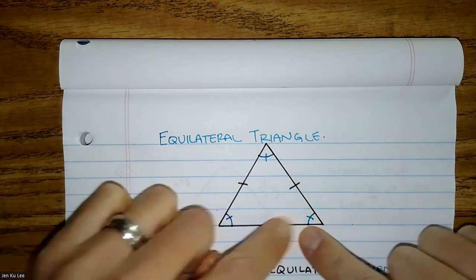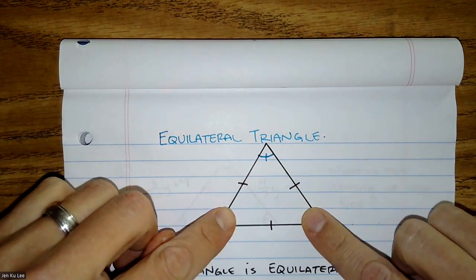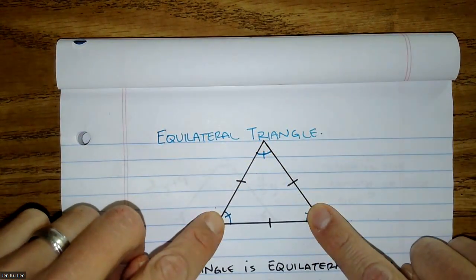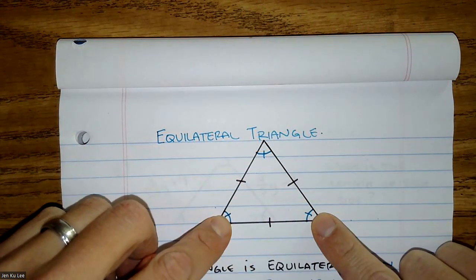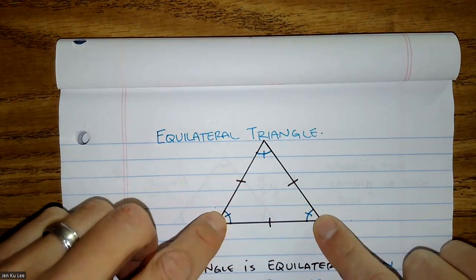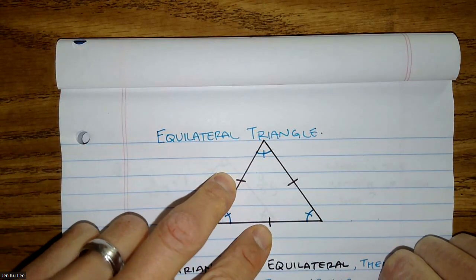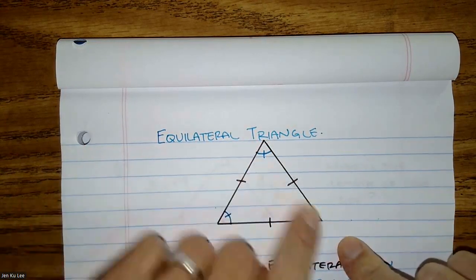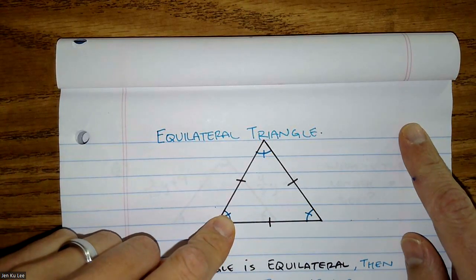If the sides are all congruent to each other, then taking the isosceles triangle definition, if these two sides are congruent to each other, then the angles opposite those sides are congruent to each other. So all three angles are also congruent, okay?